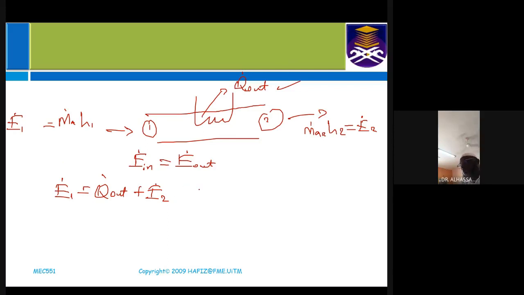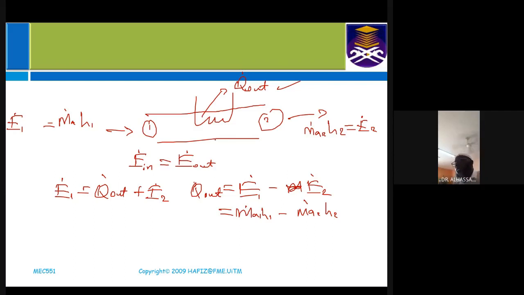So eventually, if I substitute E1 and E2 into the equation, we will have Q out equals E1 minus E2. So this gives me mass flow rate of the dry air component, MA1 H1, minus MA2 H2.